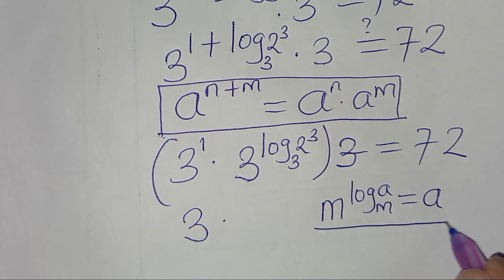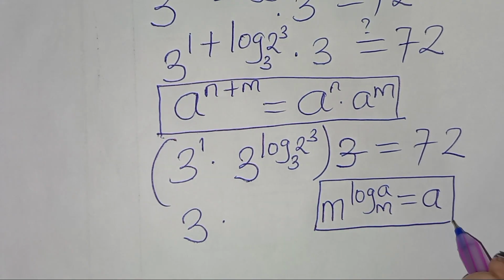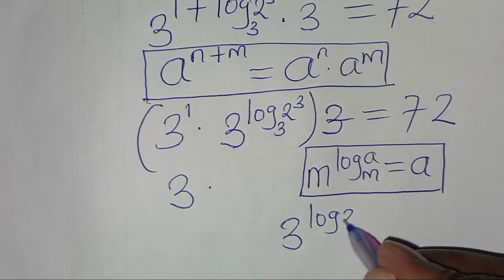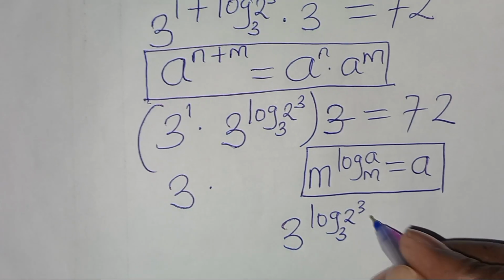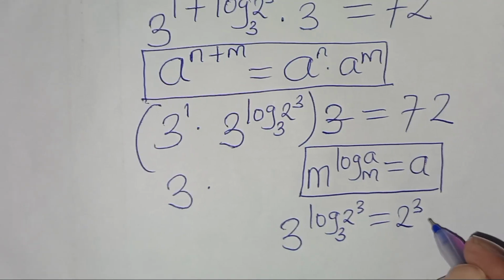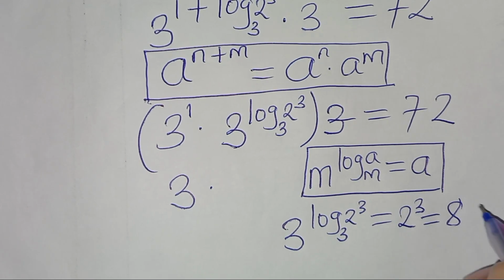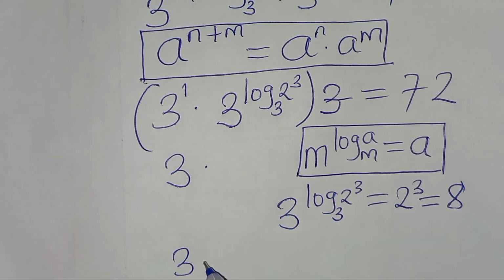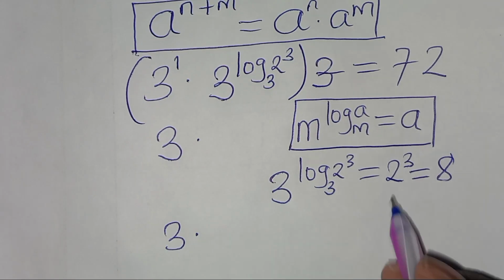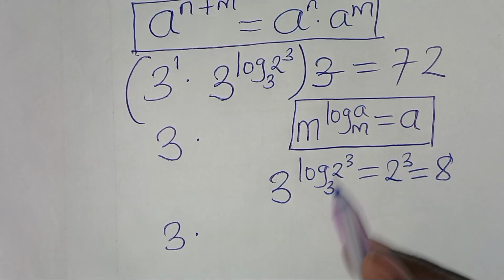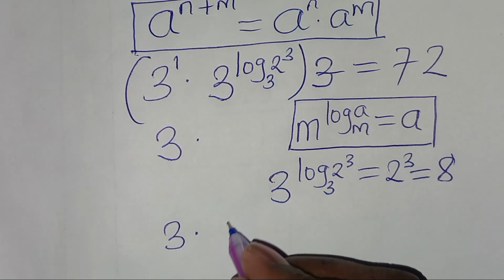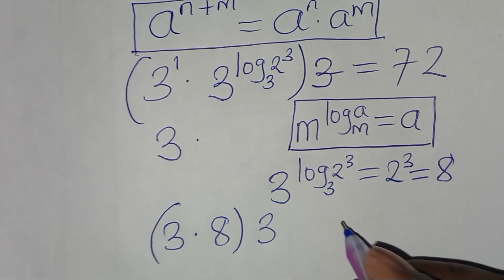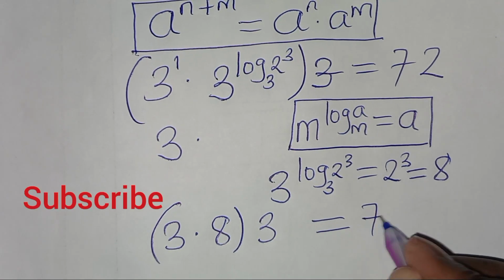Applying this logarithm property, 3^(log 2^3 to base 3) will give us a value of 2^3, and 2^3 is equal to 8. So let's substitute this. So we have 3 times 8, everything here multiplied by 3. This should give us a value of 72.